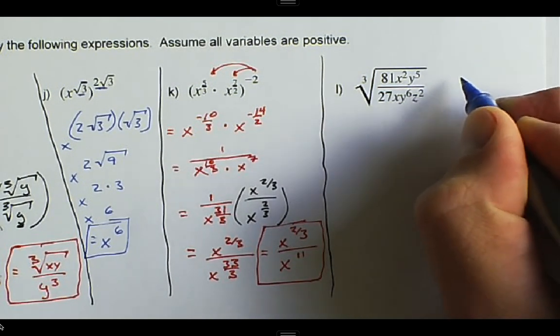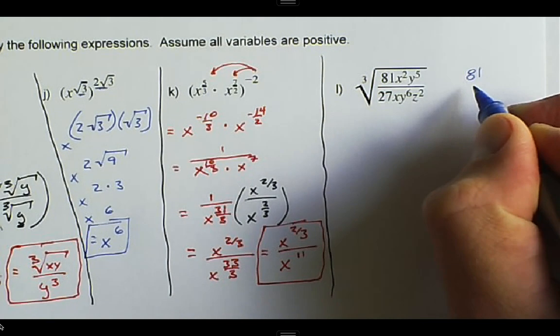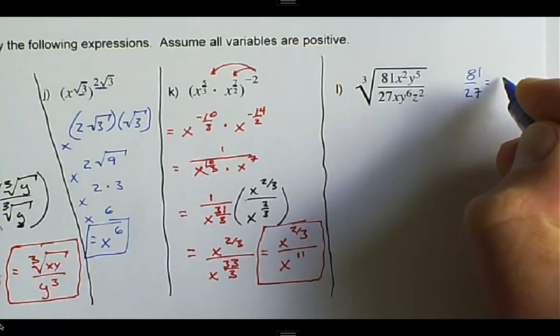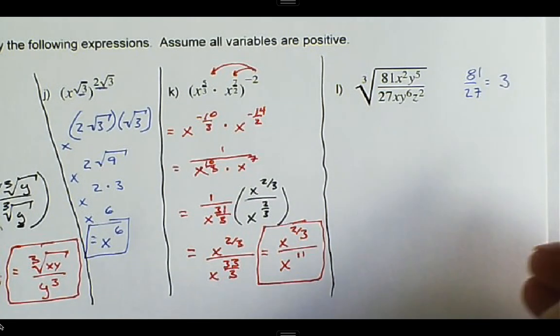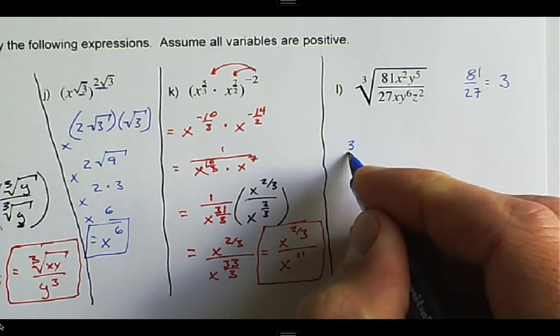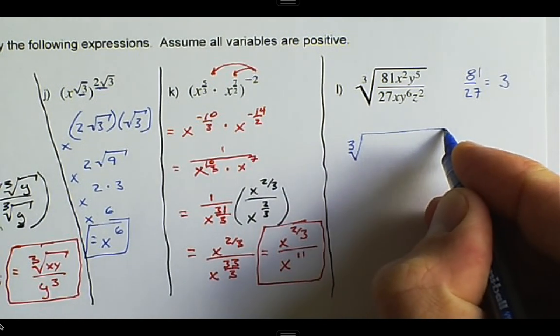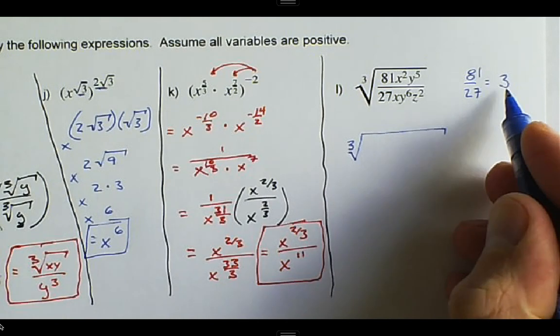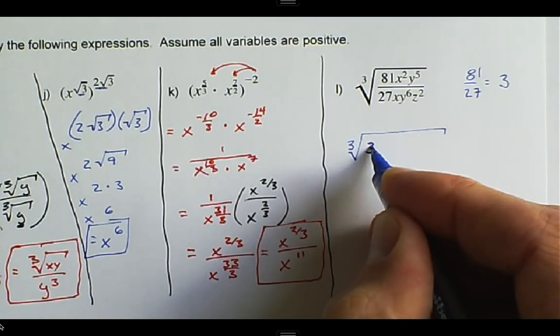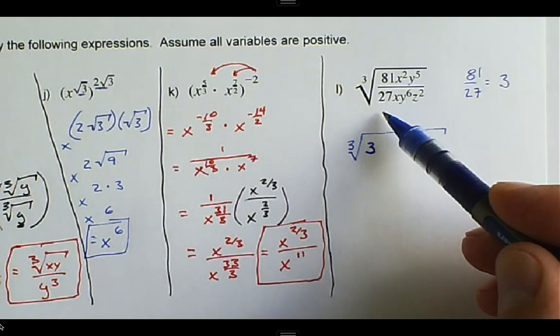So we can take a look at 81 divided by 27, and 81 divided by 27 is just 3. So we're still going to have the cube root, and we're going to work to see what we get left, but the 3, in that case, goes in the numerator.